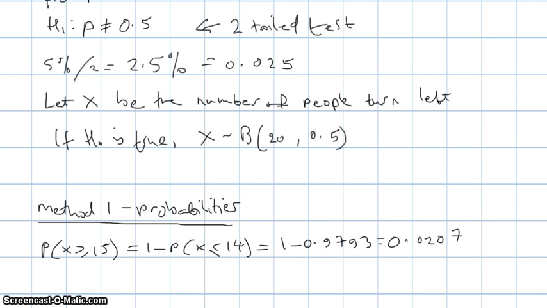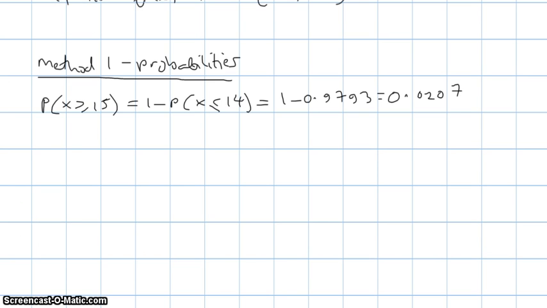And we simply can compare that value and say that 0.0207 is in fact less than 0.025.